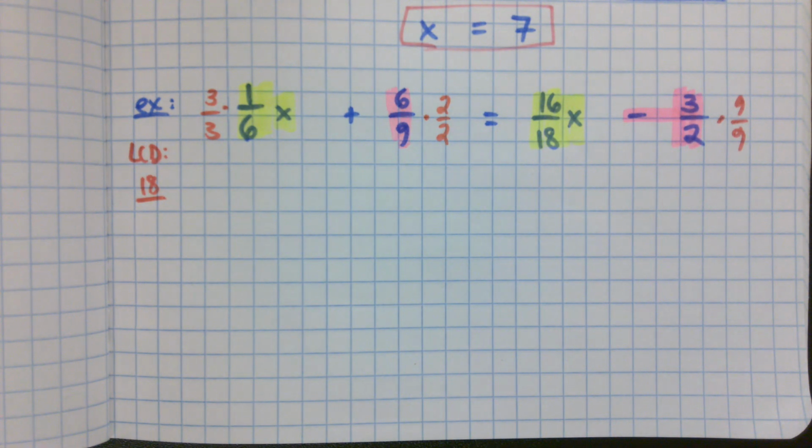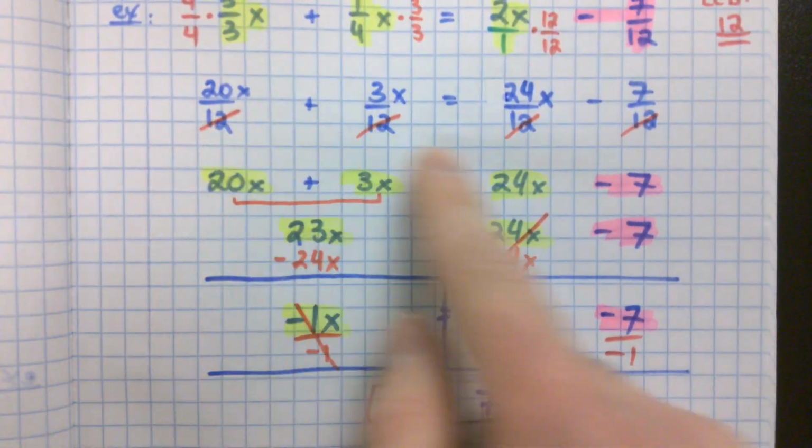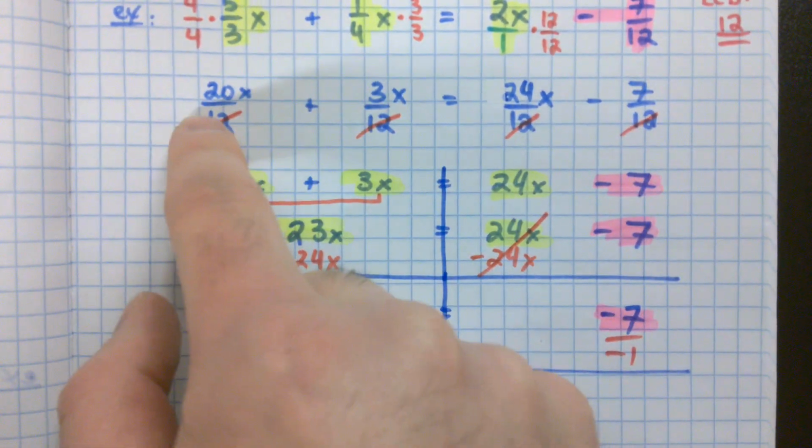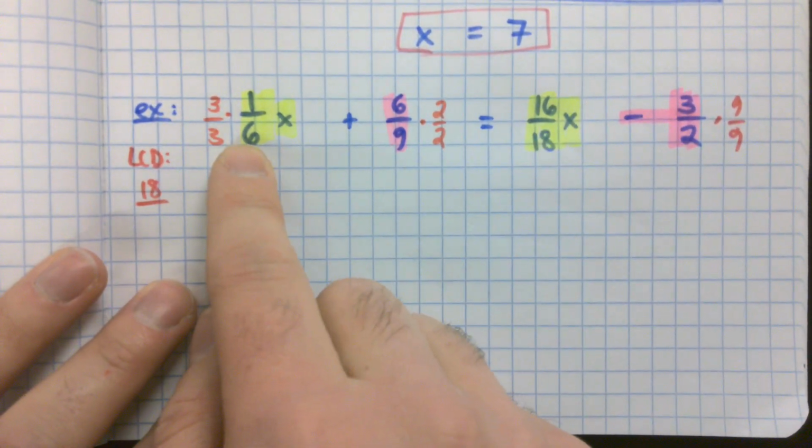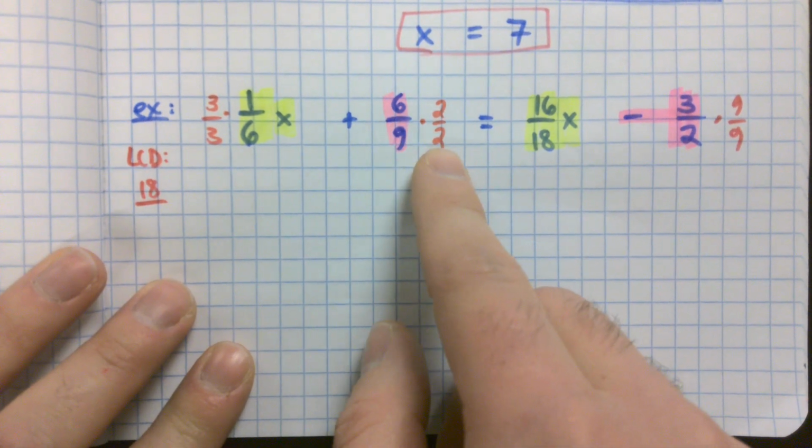We're going to work all this out, and then what do we typically do after we work all these multiplications out? We cross out the denominators, right? Well, why are we writing this whole equation just to cross out all the denominators? I look at this and I know, okay, 3 times 6 is going to give me 18. 9 times 2 is going to give me 18.